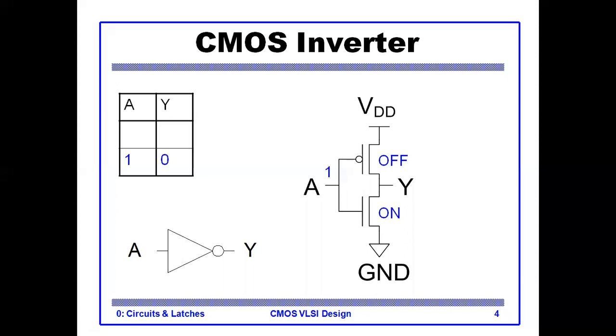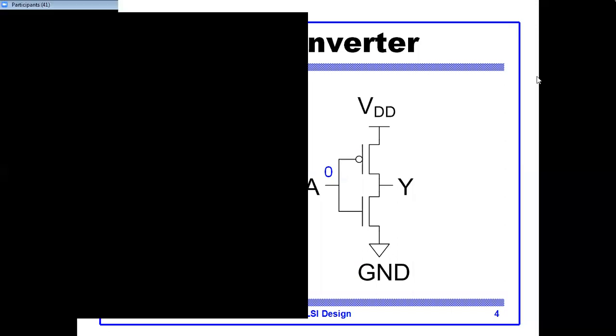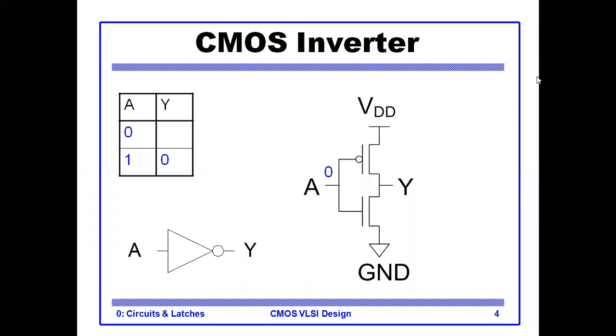In the second case, when we are applying a 0 as the input, the output should be the 1.